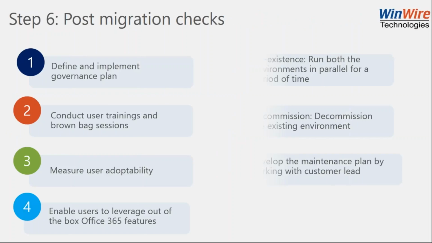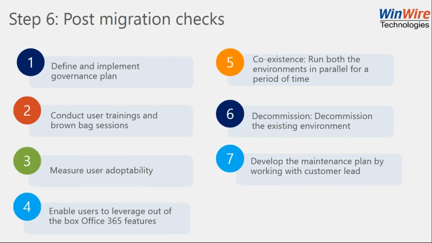Okay, post migration checks. One of the things we normally suggest is to implement the governance plan. I know the eRooms or any other source platforms which are decades old probably will not have a clear governance implemented. So our recommendation is always to go for governance plan definition and create a governance committee.